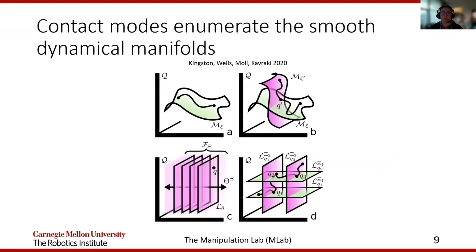Contact modes are useful because they enumerate the various smooth regions of the dynamical manifolds. They are the discrete component of contact dynamics, and each discrete component comes with a continuous component. We've taken a figure from an ICRA paper that does a good job of visualizing all the different discrete modes and continuous manifolds.